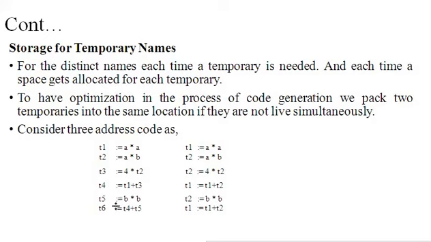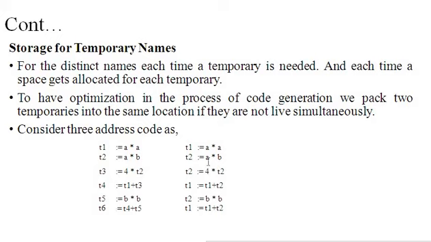These 6 temporaries are replaced by two temporaries. First use T1 is equal to A into A and T2 equal to A into B. In future you will not use T2, so now you can reuse the variable T2. So 4 into T2.